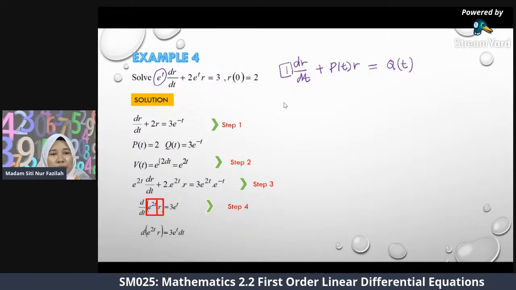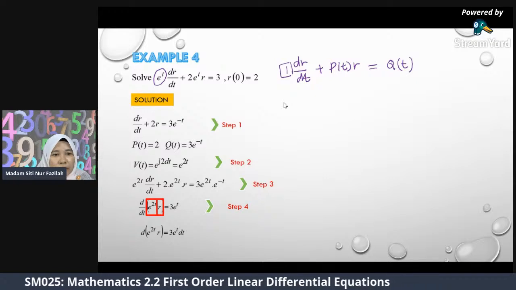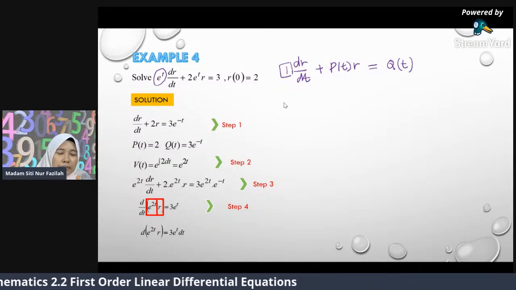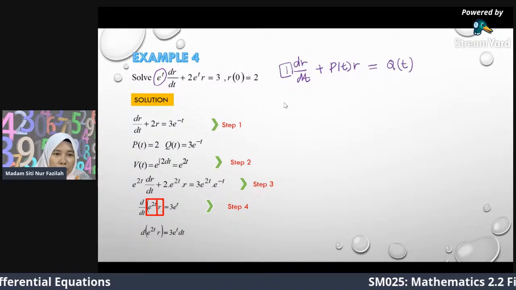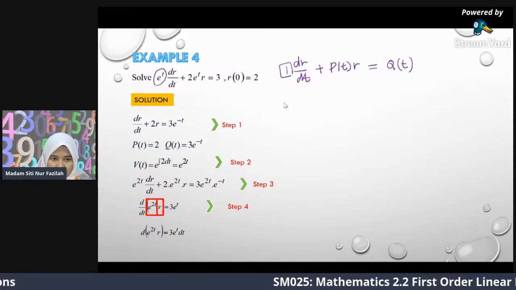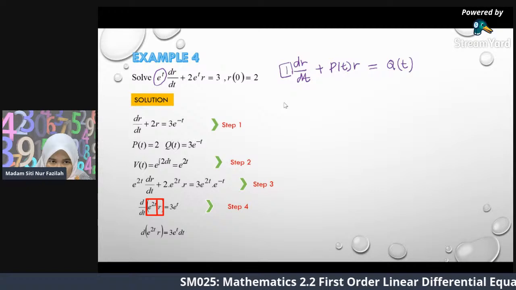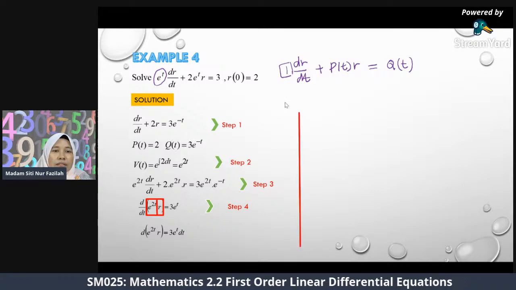For step 4, we multiply both sides by dt: d(e^(2t) r) = 3e^t dt.